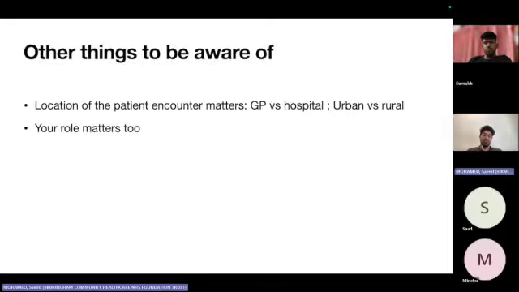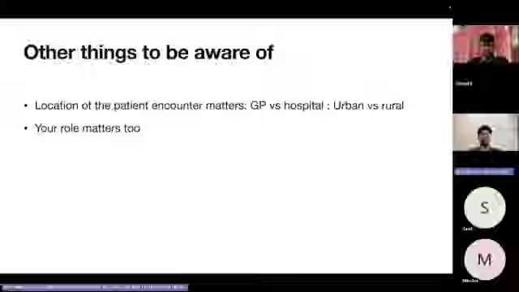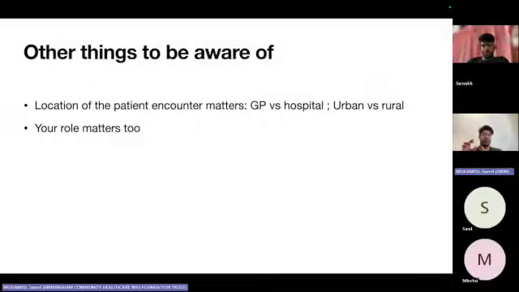Some of the conditions you are expected to recognize and actually get help from your senior. If you end up trying to manage those situations yourself, you will be marked down on points. The reason being, they don't expect you to be able to handle everything, but there are certain conditions that you will be expected to handle, which you should handle appropriately.